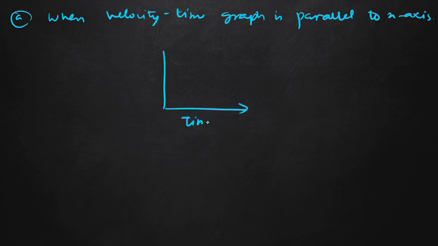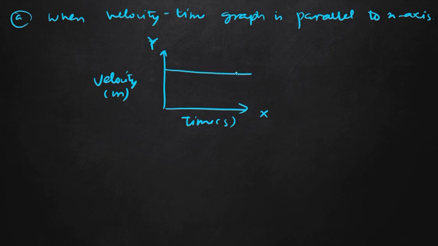This is our time in seconds, and along the y-axis we will have velocity. Parallel to the x-axis will be like this. Suppose the values on the y-axis are 20, 15, 10, 5, and on the x-axis 0, 1, 2, 3.